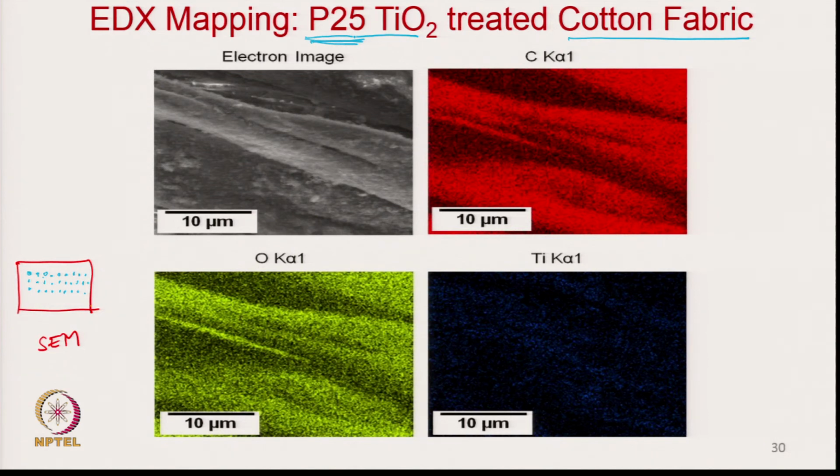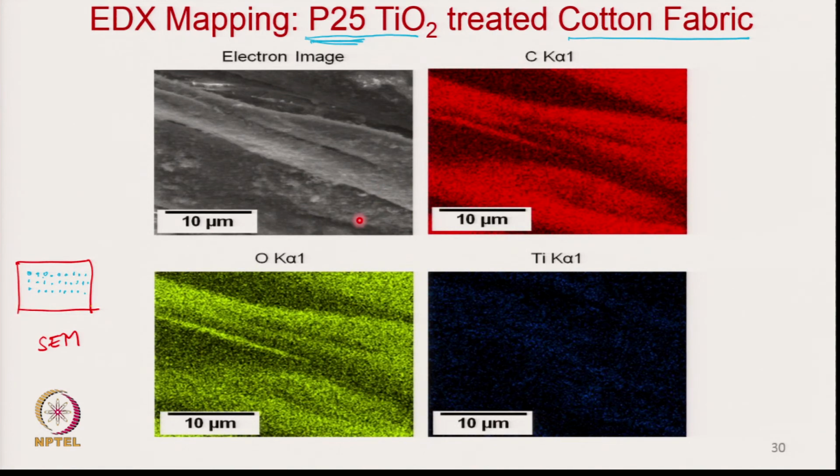This is an electron image, and you can see cotton fibers, the convolutions, and on that fiber there are small dot-like structures. These are morphological changes which have happened because of the deposition of titania. P25 titania is deposited on the fibers. We can see all these small particles, so we can see we have done something.